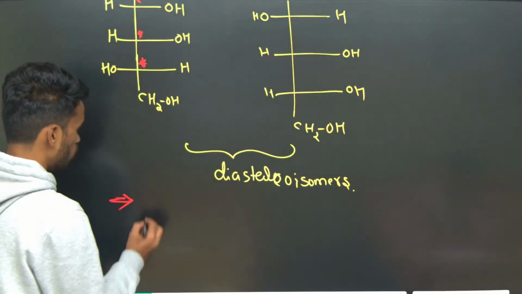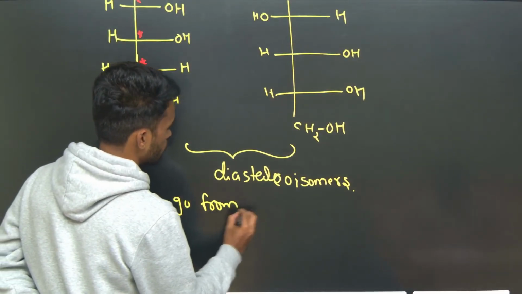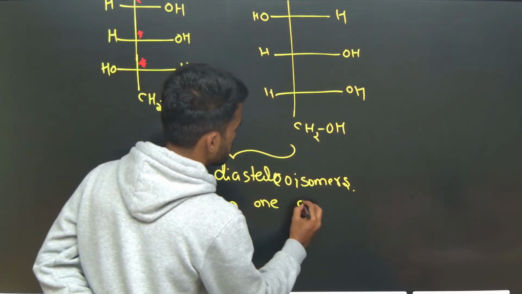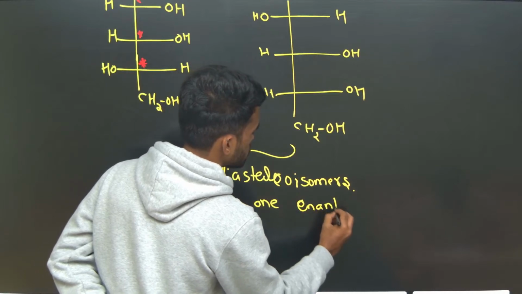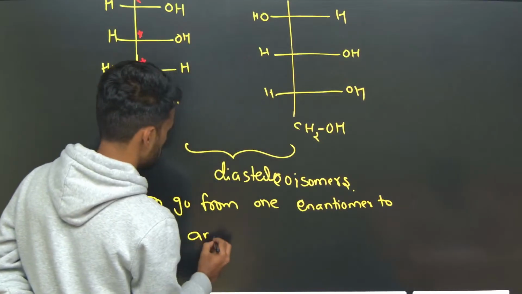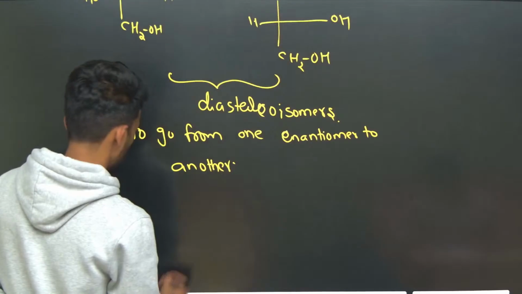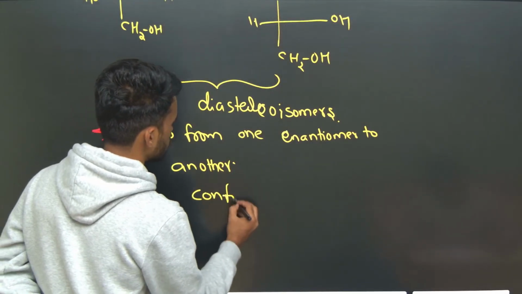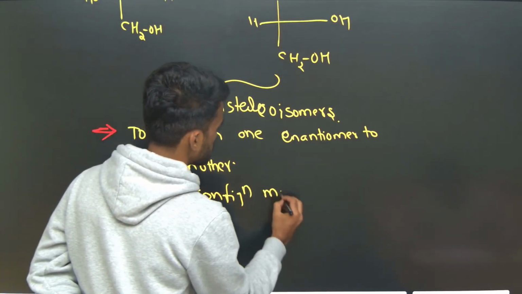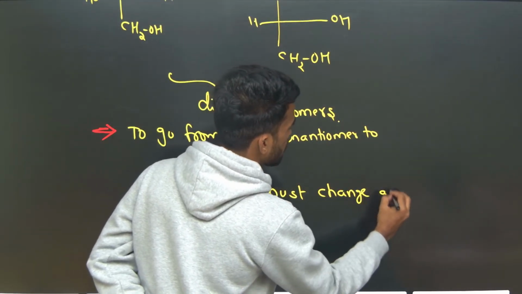So to go from one enantiomer to another, configuration must change at all chiral centers.